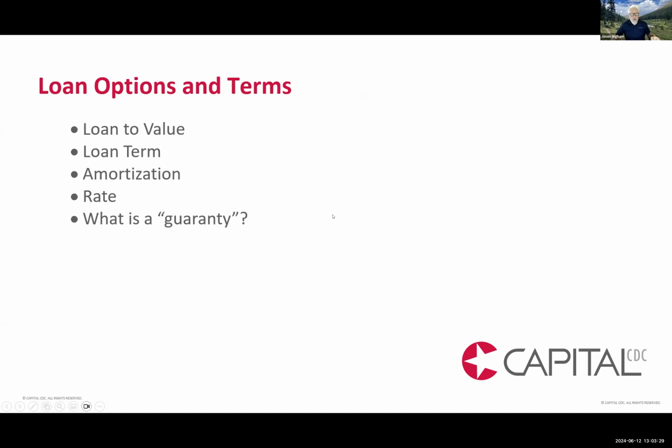Let's talk real quick about loan options and terms. I didn't want to go into too much detail on this. There are a lot of ways to do this. It depends upon what the asset is that's being financed. You know how when you get a home loan, it's usually for 30 years, but if you get a car loan, it's only for 5, 6, or maybe 7? That's because home loans are long-term assets and they have a lot of intrinsic value.